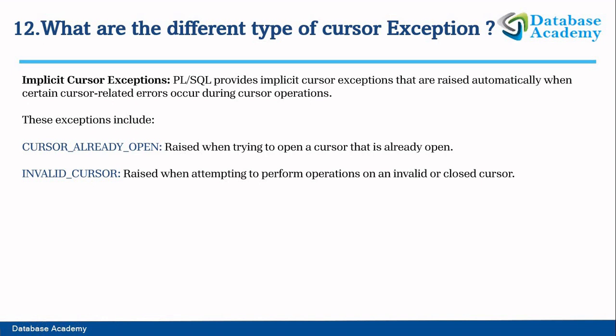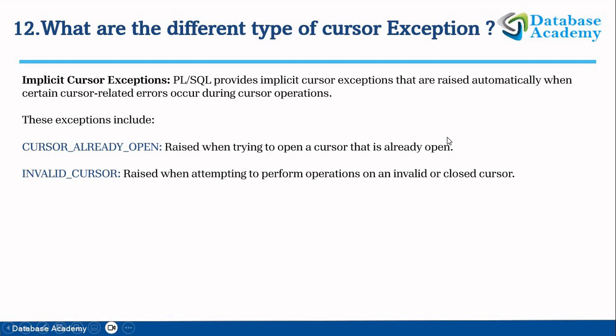Next question may be asked: what are the different types of cursor exceptions? So with cursors, we can get some kinds of exceptions which are related to cursors only. First, CURSOR_ALREADY_OPEN. As I said previously, we have the %ISOPEN attribute which can be used to avoid this kind of error. This is raised when trying to open a cursor that is already open.